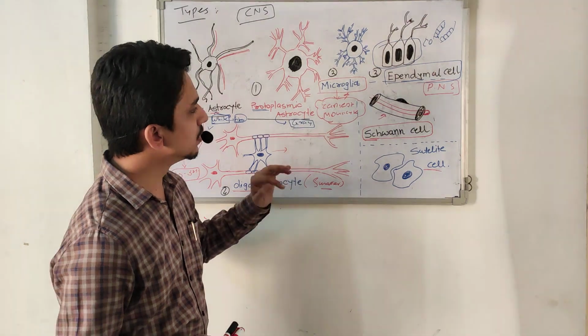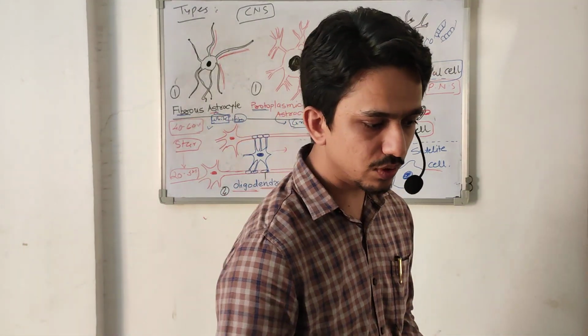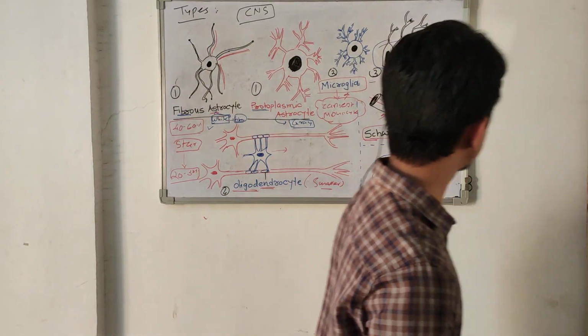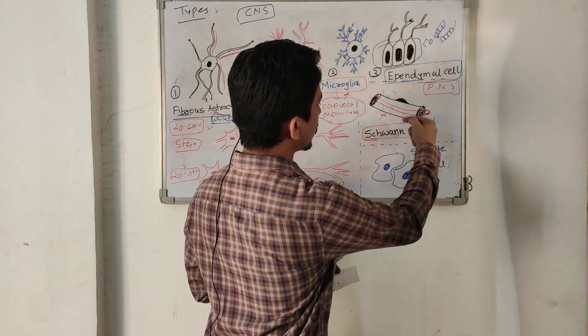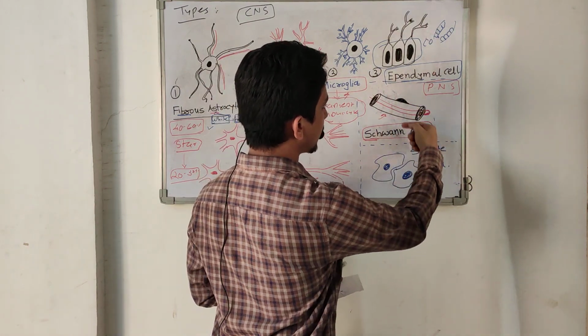Okay, so how does this myelination occur? You can see here they wrap around the neurons in multiple folds.